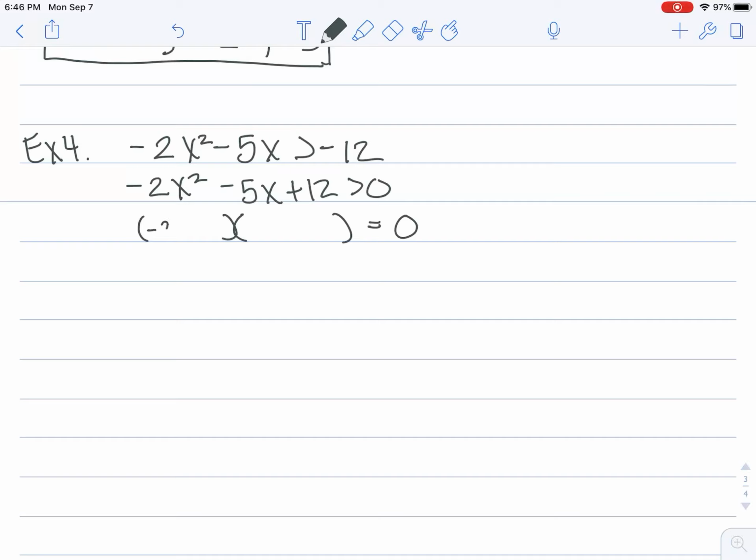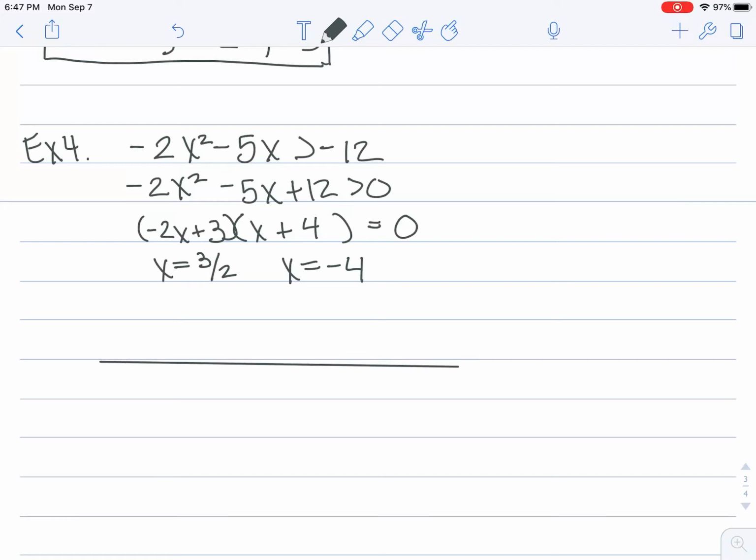So -2x and x, 12, so a +3 and a +4. Good. Okay. Zero product property, right? We're solving for these zeros. The first one, +3/2. Second one, -4.